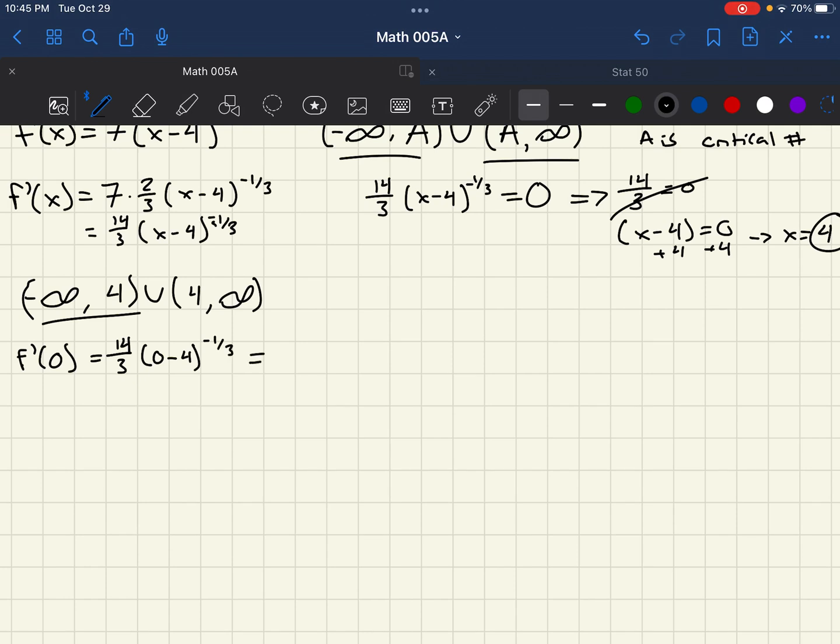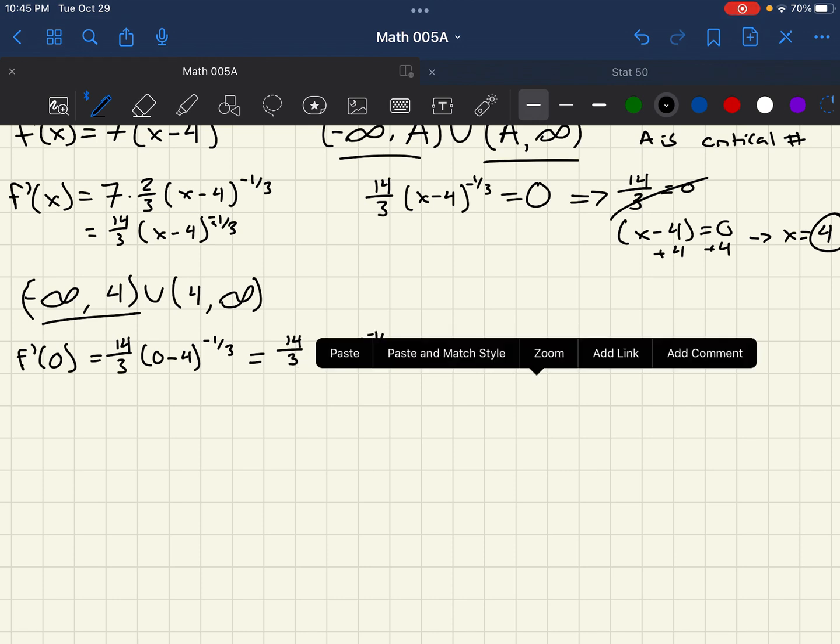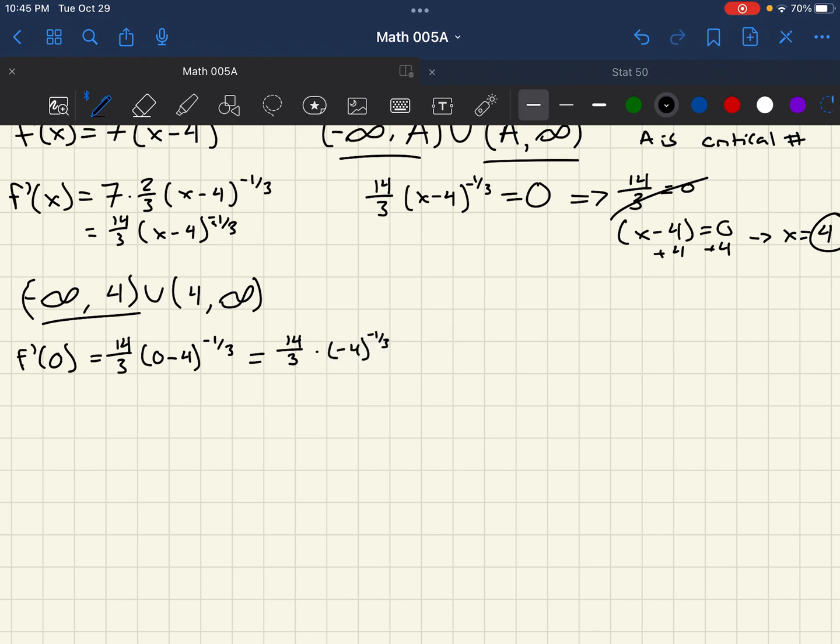And this equals simply 14/3 times negative 4 to the negative 1/3. And since this is going to be negative, it's going to make this negative, so we can easily tell that at that point it's going to be decreasing.